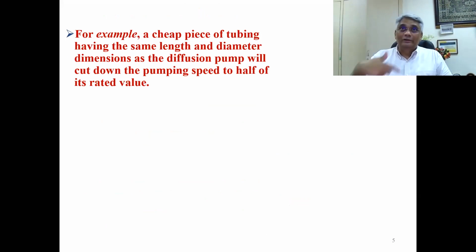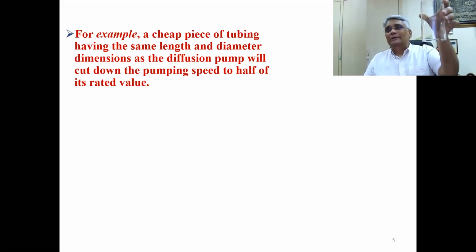Even the tubing used in gas stoves has improved tremendously in the last decade. So these are basically gas tubes. What happens is a cheap piece of tubing having the same length and diameter dimensions as a diffusion pump will cut down the pumping speed to half of its rated value. You'll see what a diffusion pump is.